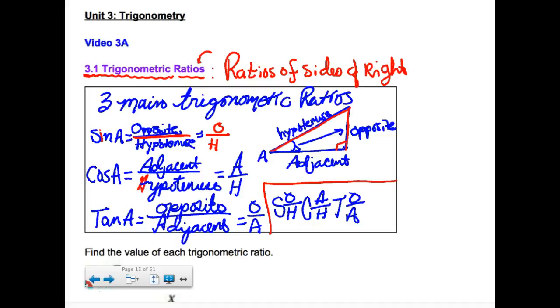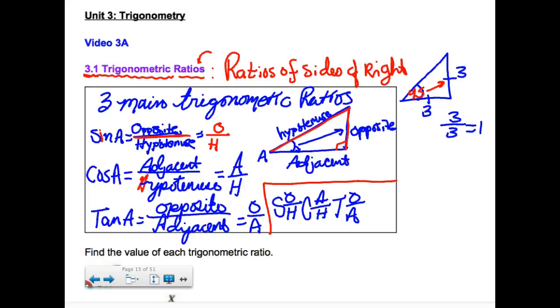Now, I just want to make sure you understand the concept of these before we go and do this. Remember when I drew the 45-45 a little while ago and I put a 3 here and a 3 here, and I said if I were to do leg over leg, I get 1. Well, watch. This is 45, right?